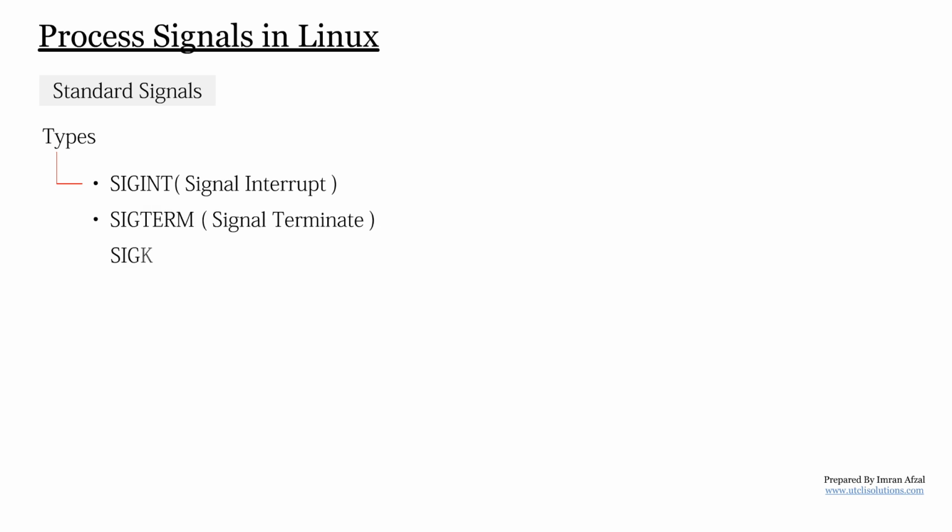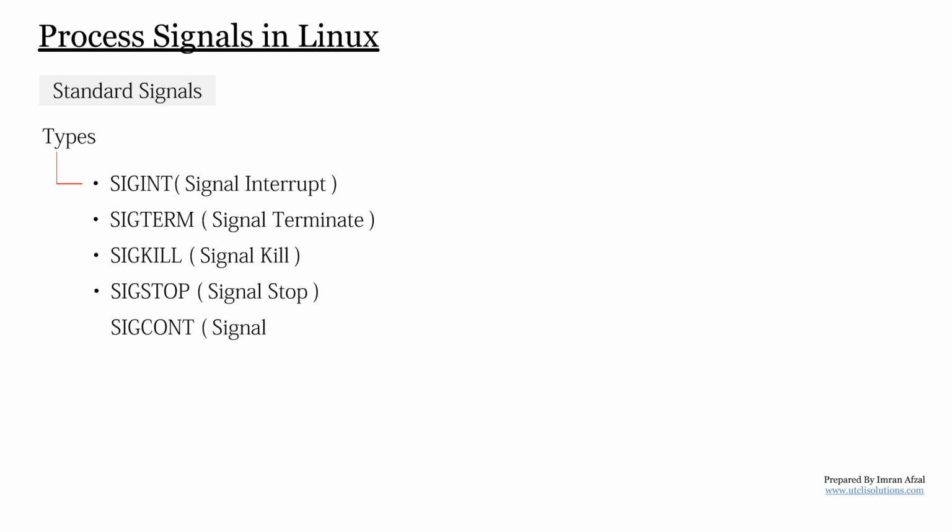The standard signals also include various types, such as SIGINT for sig interrupt, SIGTERM for sig terminate, SIGKILL to kill the process, of course, SIGSTOP, SIGCONT for sig continue, and SIGSEGV for segmentation fault.